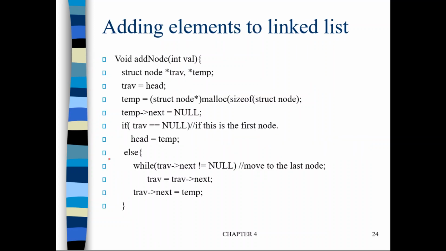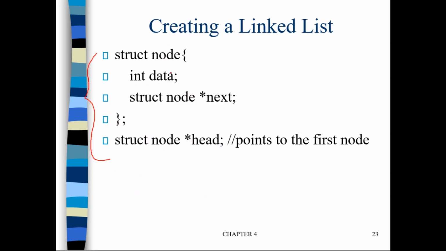That can be done by this particular function. See this function. The name of the function is add node. It's void, it does not have any return type. It takes one value as an argument. This value represents what the data part of the node should have.